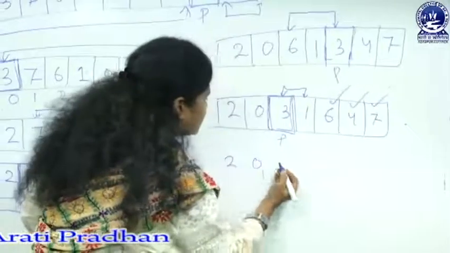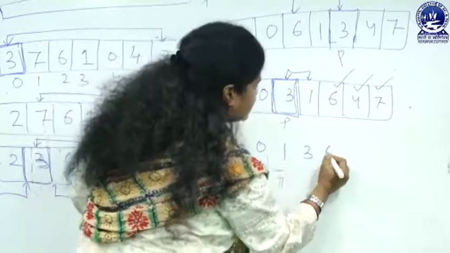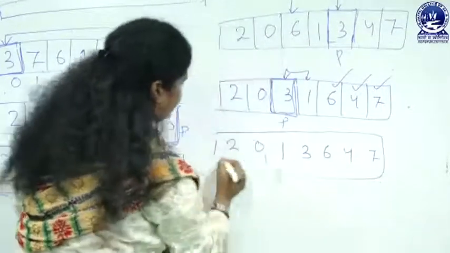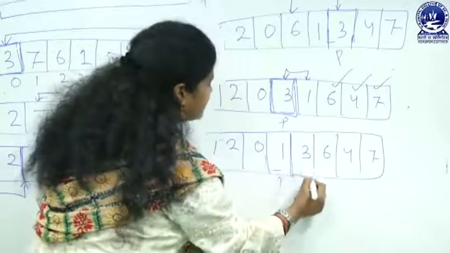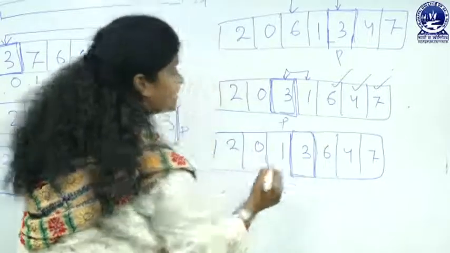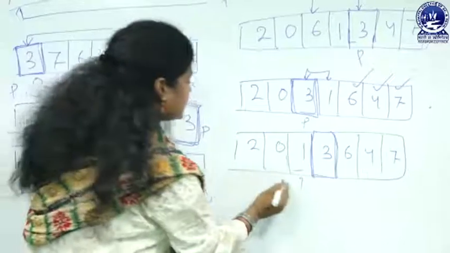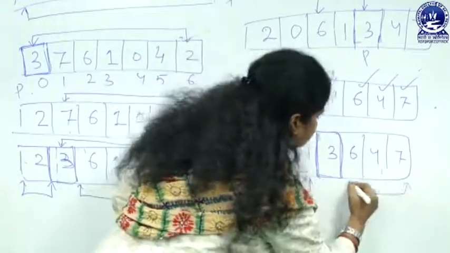Now the list will be 2, 0, 1, then 3, then 6, then 4, then 7. And the list is divided into two parts and the pivot is placed at its proper position. This is one part and this is another part.